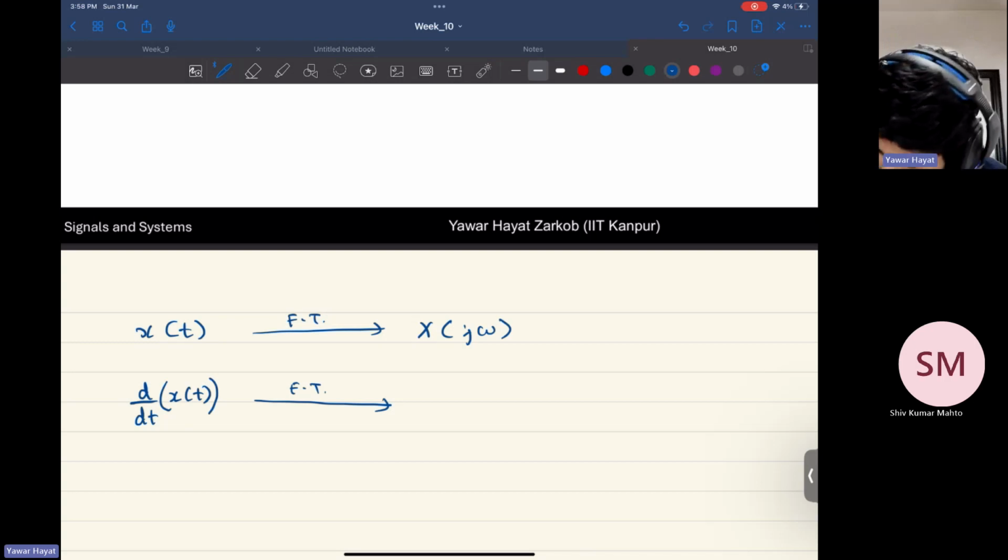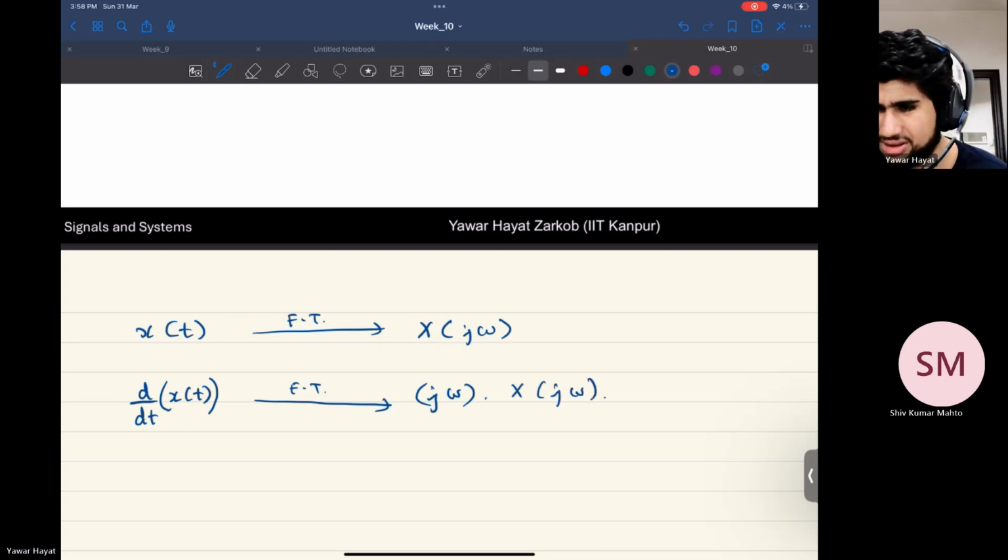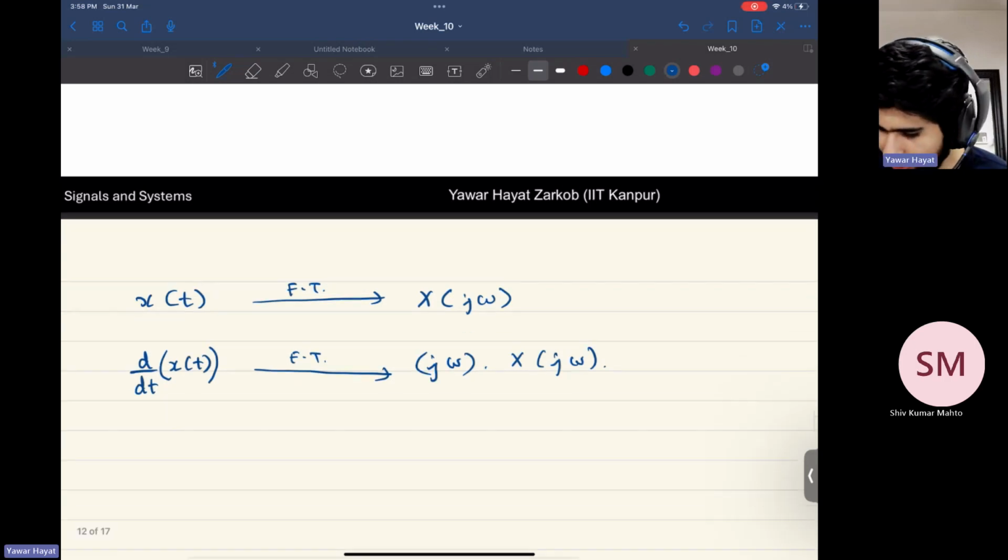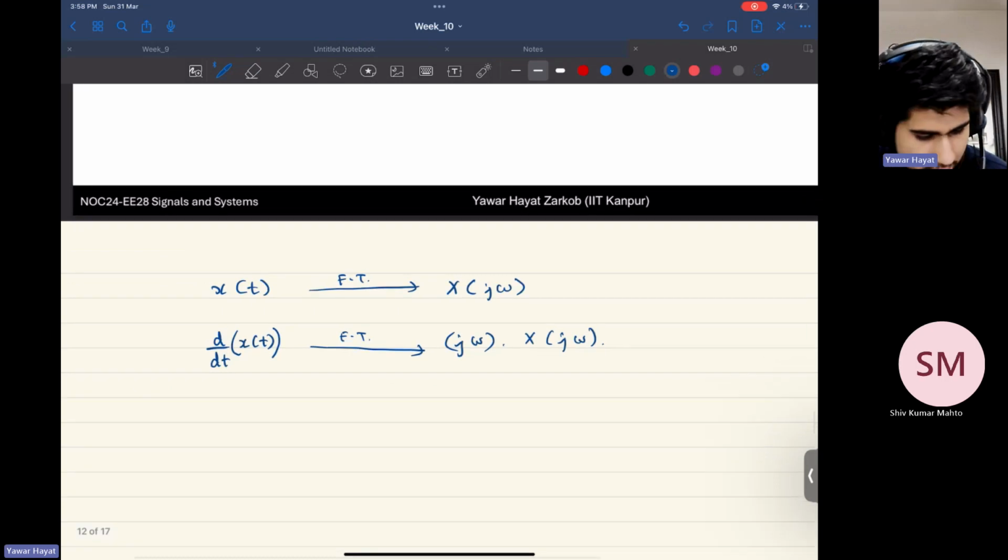You know that the Fourier transform would be j omega times x of j omega, right? This comes from the properties of the Fourier transform, which we have discussed many times.